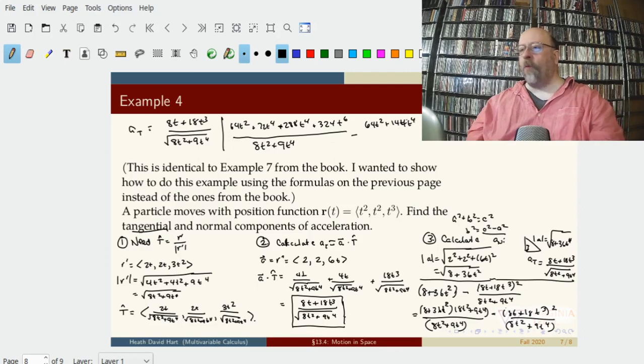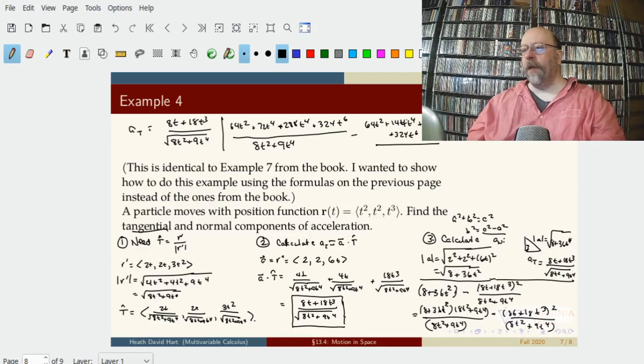Inner is also 144t to the fourth. And last is 324, 18 times 18 is 324, t to the sixth, over 8t squared plus 9t to the fourth.